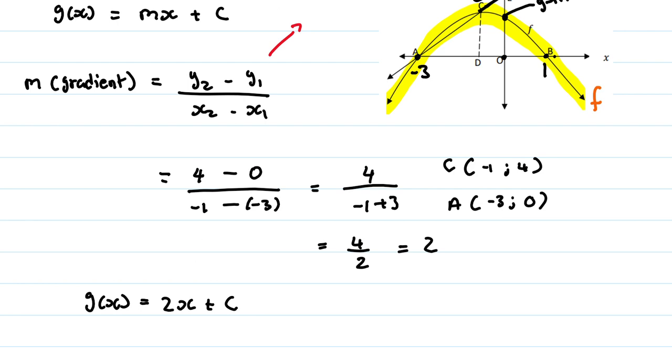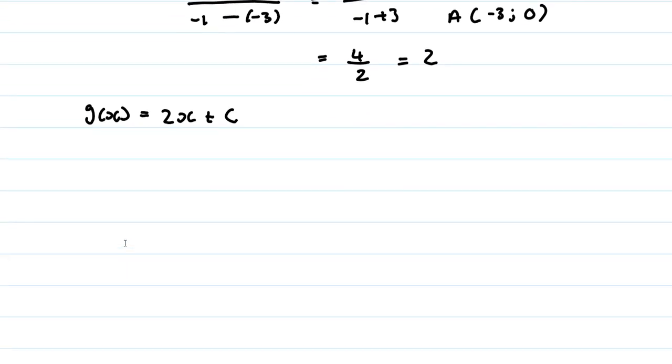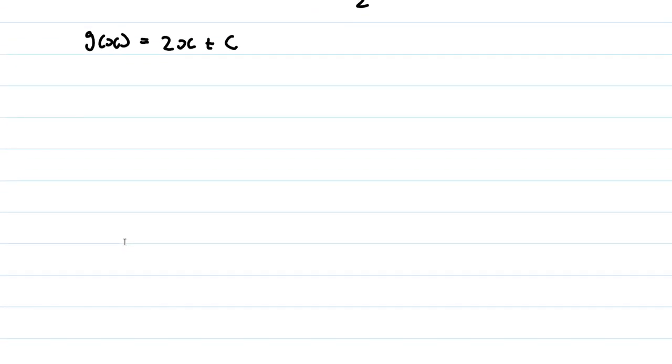So now by using this equation that we have already, which has the gradient, we cannot use that method where you have to set x to 0 to find the y-intercept. So c is the y-intercept for this linear function. So we can't do this. Y is equal to 2x plus c.